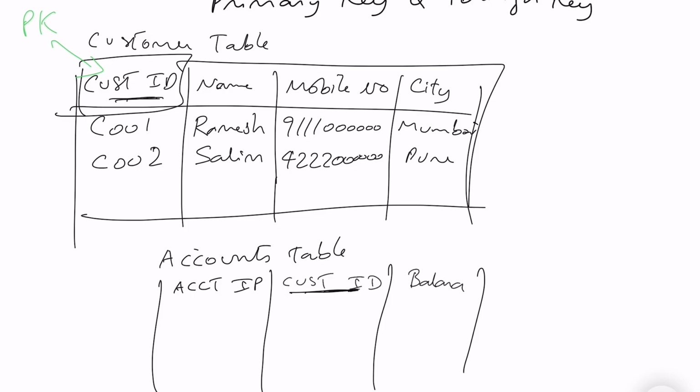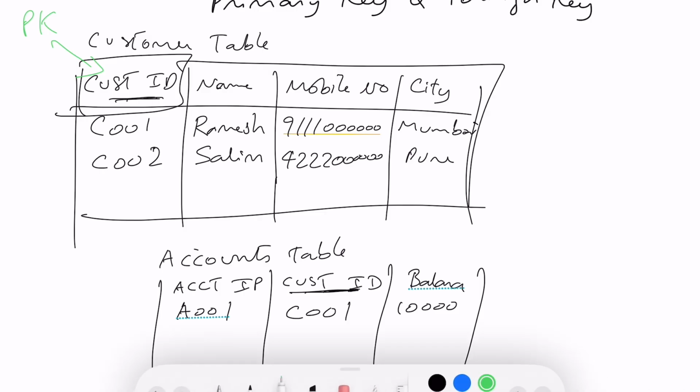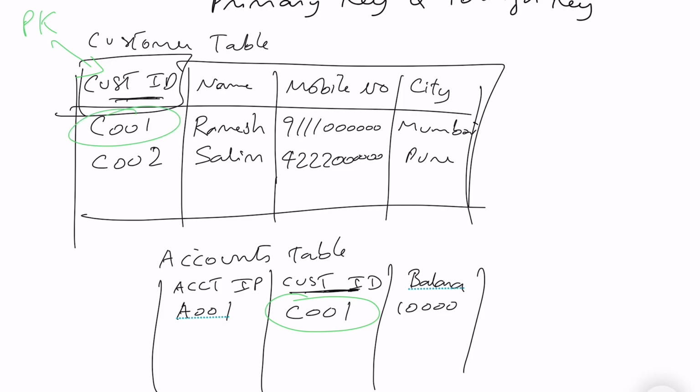Now you can see that I may have an account ID of A001 and customer ID of C001. This portion, write the balance, okay, this C001 is actually coming from here.